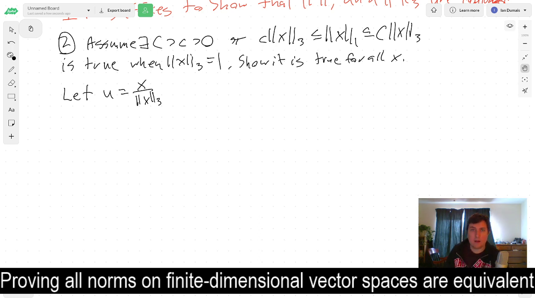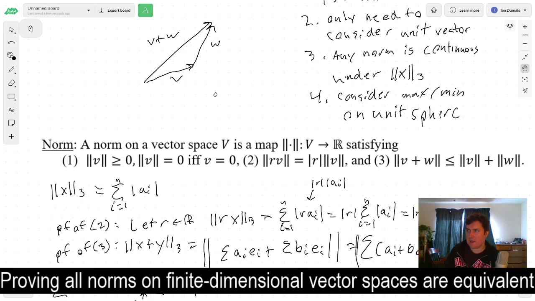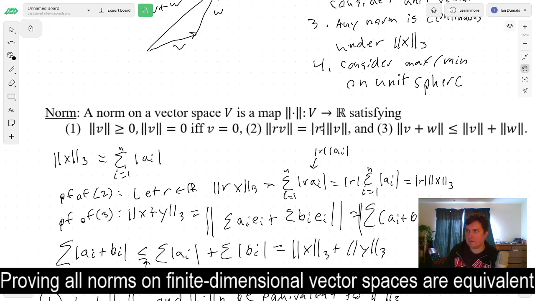Anyway, let's look at it. Then the norm 3 of u equals x over norm 3 of x. This norm 3 of x is just a number by one of our properties of norms. It's right here, number 2.